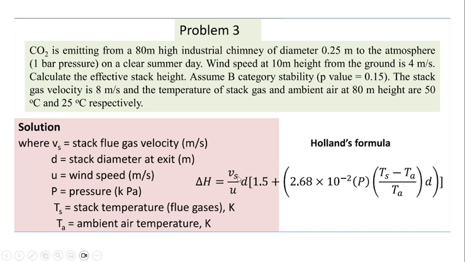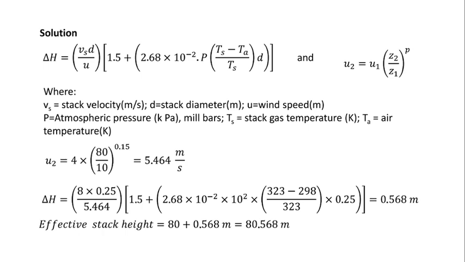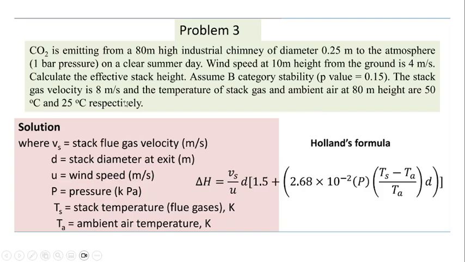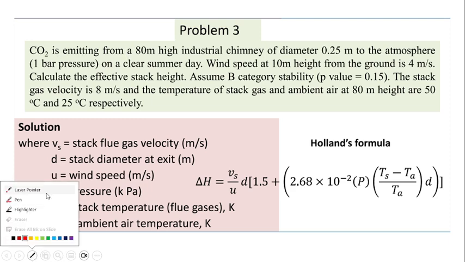Then Vs is the stack flue gas velocity. It is also given. Then U you need to calculate. So in this one, we need to calculate the U2. We know that carbon dioxide is emitted from the height of 80 meters, right?